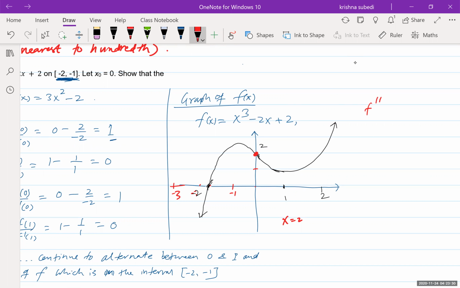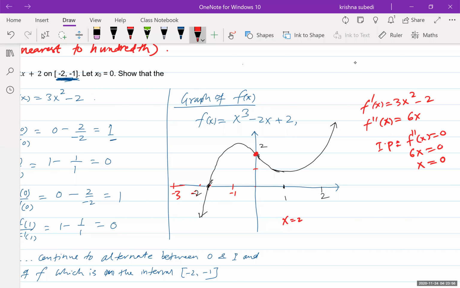Okay, the first derivative is 3x squared minus 2, and then the second derivative is 6x. So the inflection point is where the second derivative equals 0. That gives me 6x equal to 0, x equal to 0.